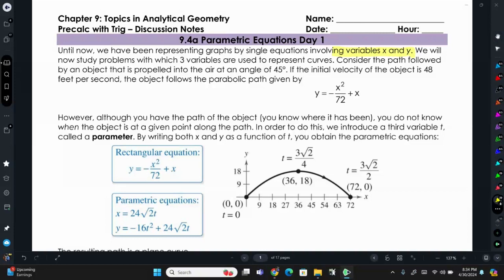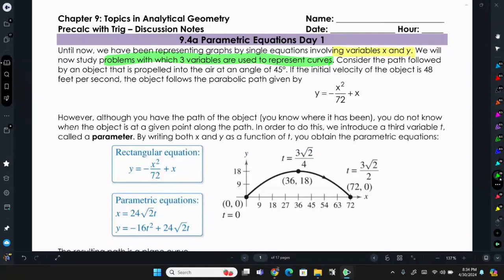We just had two variables, an input and an output. We could substitute something in for x and get a y value, or substitute something in for y and get an x value. Now we're going to introduce a third variable.